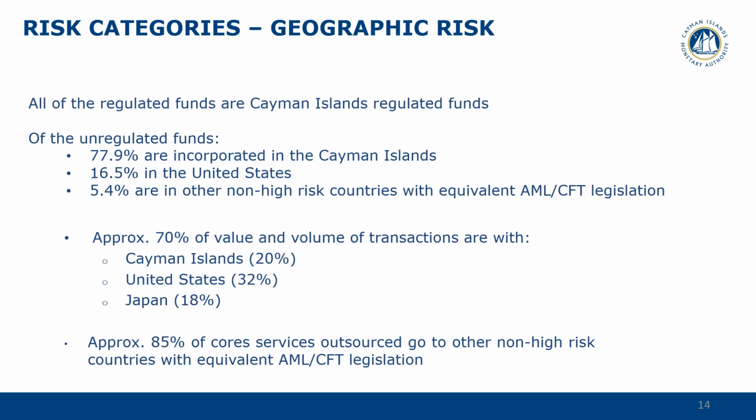Taking a quick look at where funds are regulated, all of the regulated funds are Cayman Islands regulated funds. And of the unregulated funds, 77.9% are incorporated in the Cayman Islands. The rest of the sizable chunk is mostly incorporated in the United States, 16.5%, and 5.4% are in other non-high-risk countries with equivalent AML CFT legislation.